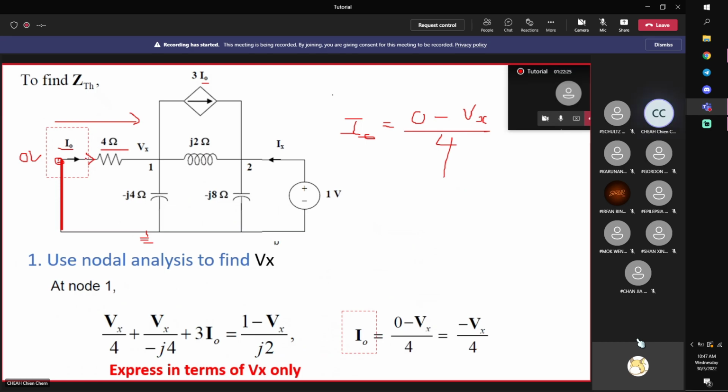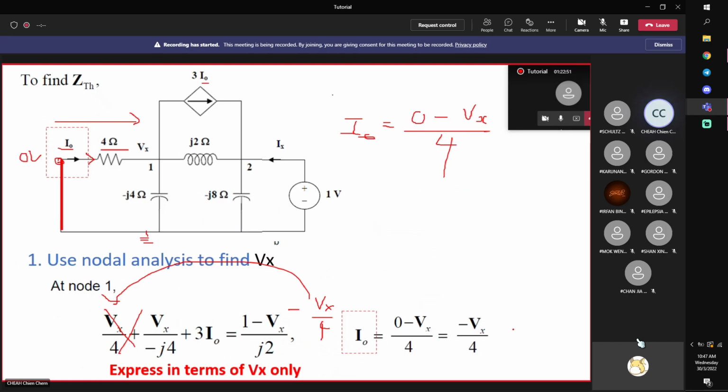If you assign inflow, actually no problem. Your inflow will be the other way around and you will get negative Vx divided by 4. Then you bring it to the other side, it's still the same. No difference at all. So whether you assign inflow or outflow, it doesn't matter.